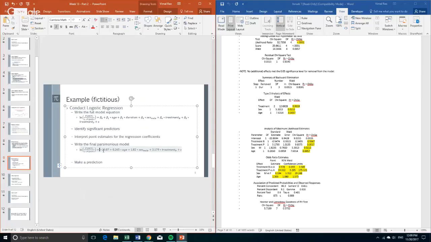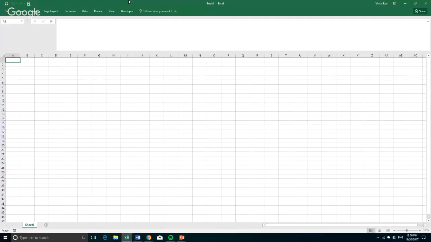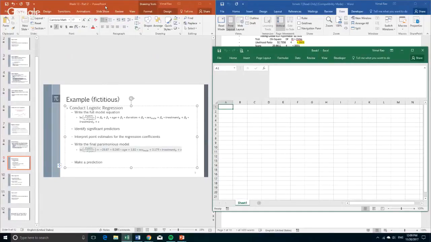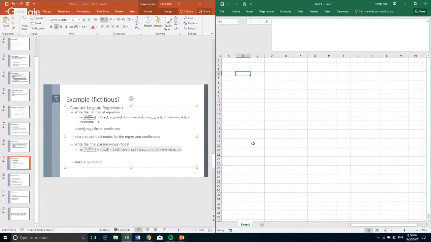Now, we just kind of interpreted each of these regression coefficients, but changes in log odds are really difficult to understand. I don't know what that means. So let's convert log odds to probabilities. I'm going to retype everything, or at least just the regression coefficients.